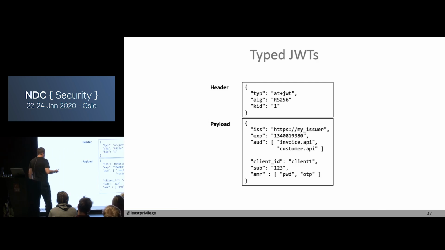Currently, the OAuth spec for JSON Web Tokens says use the value at+jwt. Okay, that tells the system this is a JSON Web Token, but it is also an access token because it has this well-known string in the type header. And if you come up with your own JSON Web Tokens, invent a name for them, right? So that someone can't confuse one type with the other.